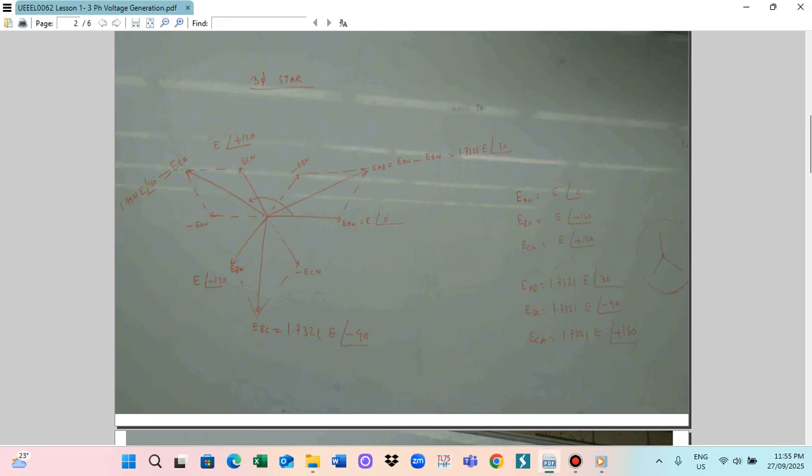Okay, phasor notation means that we can represent the voltage by the phasor diagram. For example, this is A point, and this is resistor R1. This is the B point.